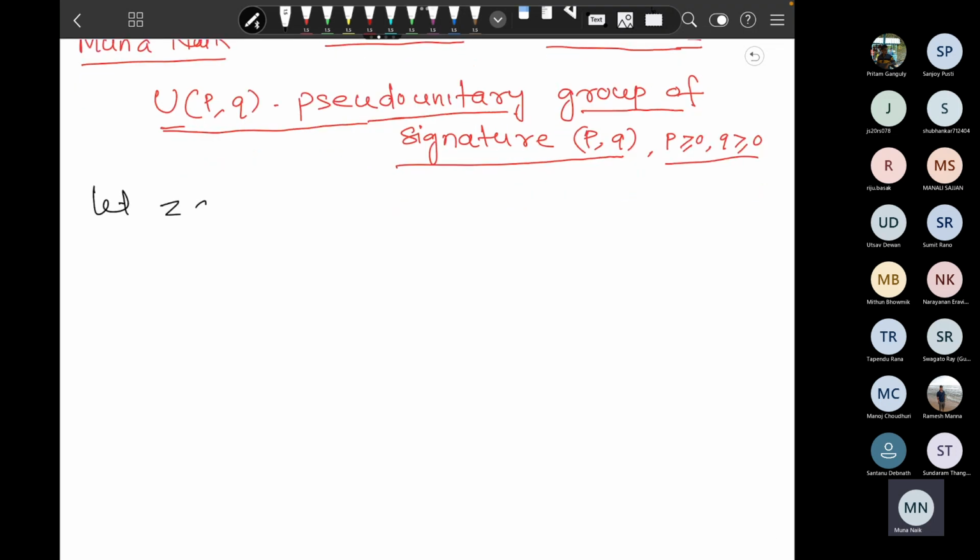Let Z belong to C^(P+Q) and W belong to C^(P+Q).